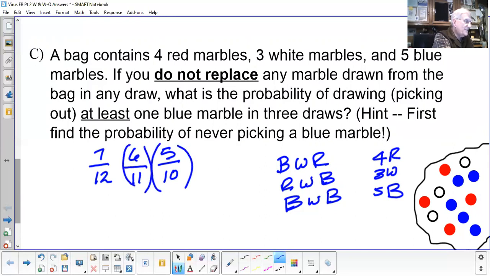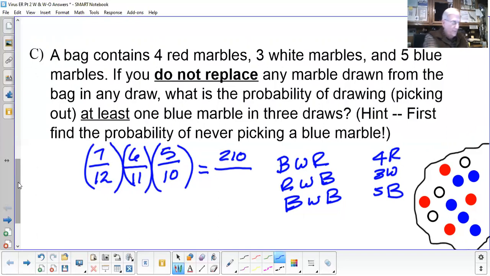To find this probability, I simply multiply these numbers together. 30 on top times 7 appears to me to be 210. All right? And 10 times 11 on the bottom is 110. So I'm going to take 110 times 12.